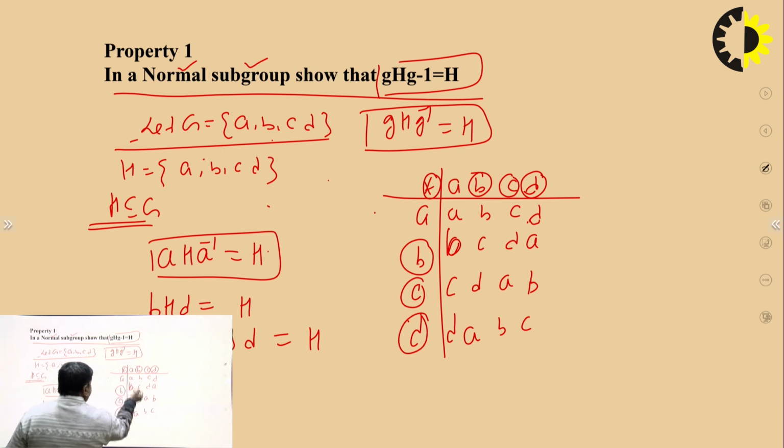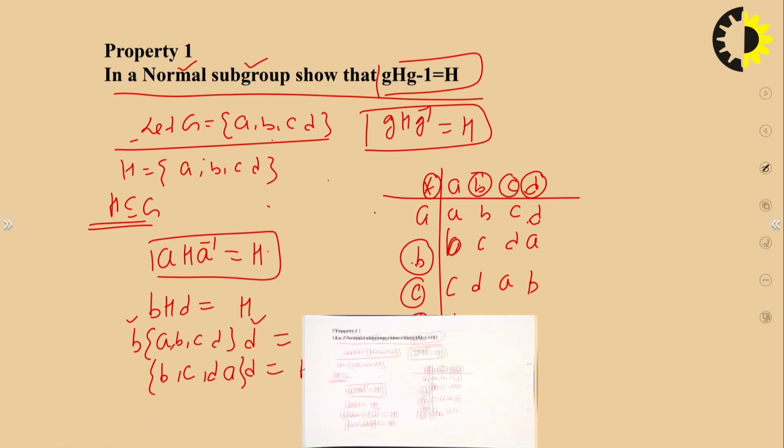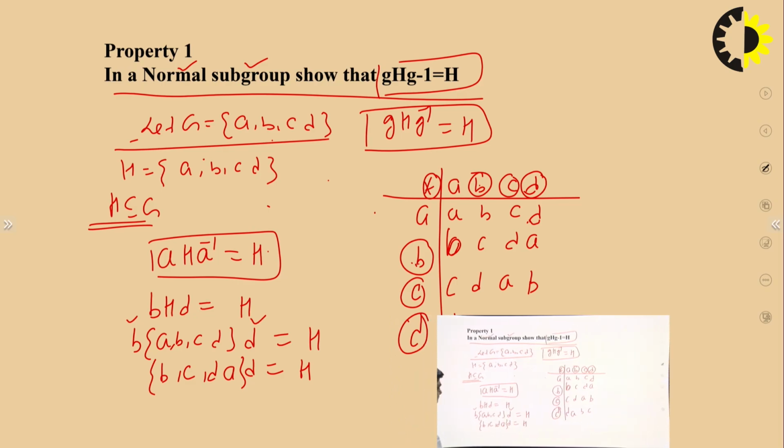B operate A is B, B operate B is C, B operate C is D, and B operate D is A. That is one element and its inverse, and if it gives H, the theorem is proved.